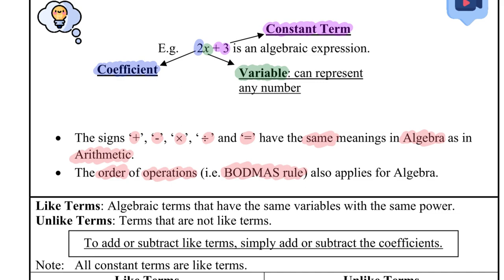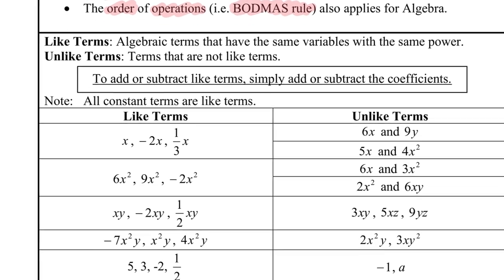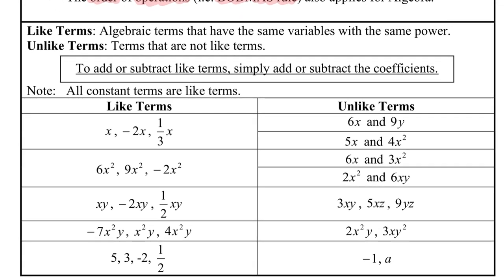The next part would then be to have a quick look at what we call like terms and unlike terms. So for like terms, like terms will be terms that have the same variable with the same power.